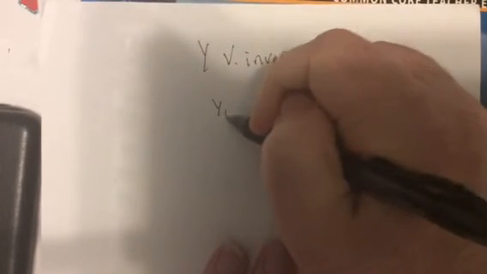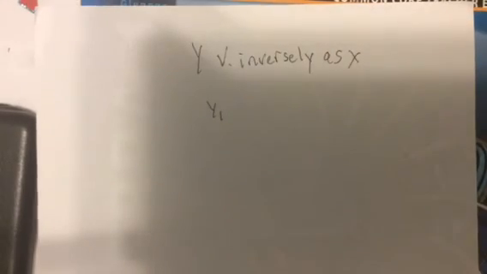So if I have a problem that says y varies inversely as x, and y1, now again, this would be a specific word, like wolves and deers.